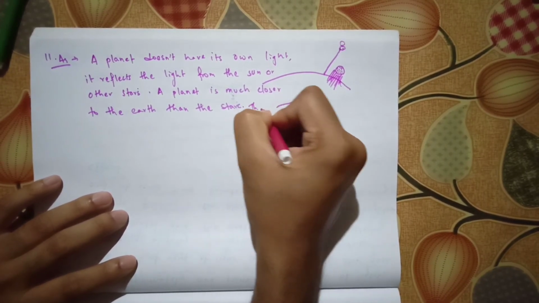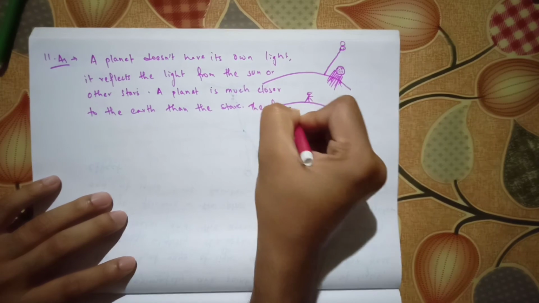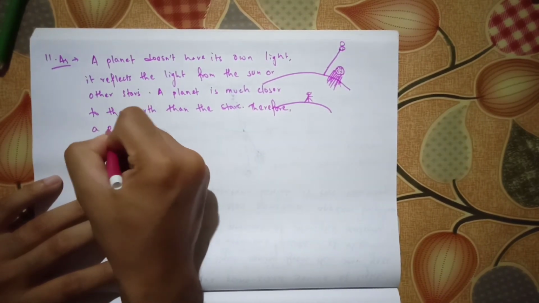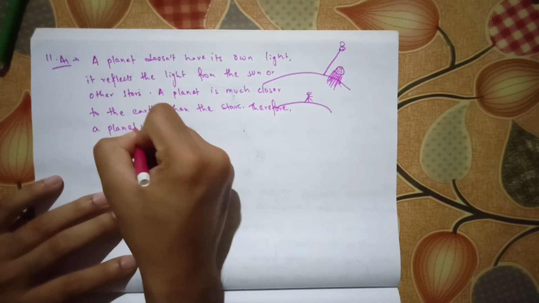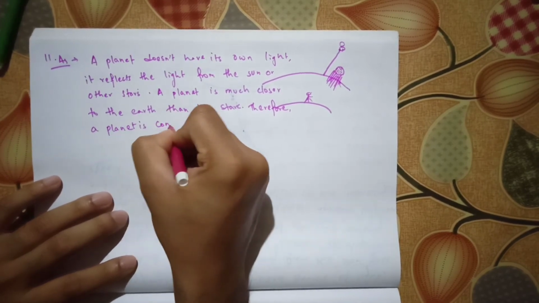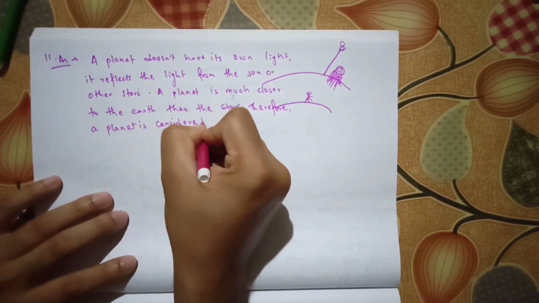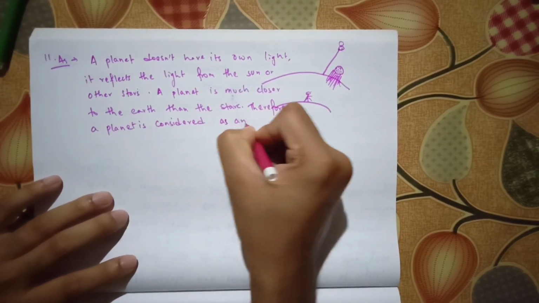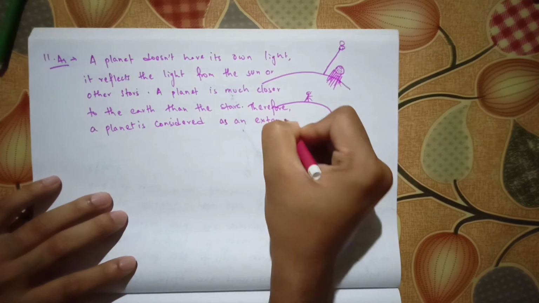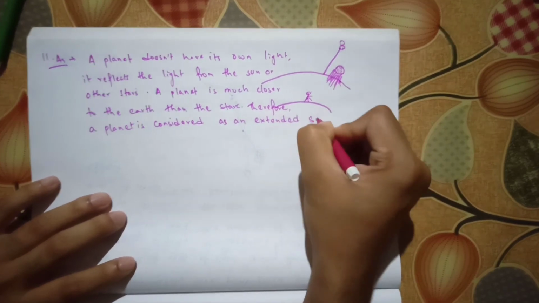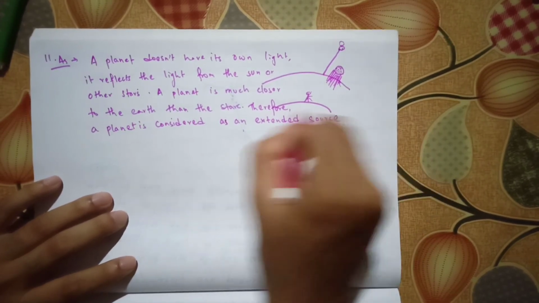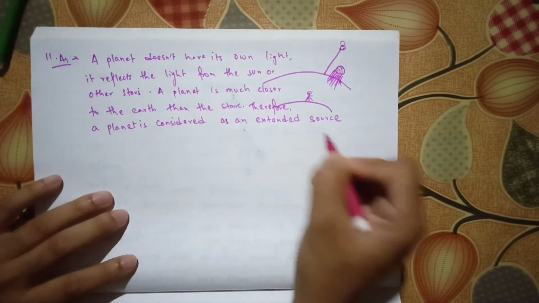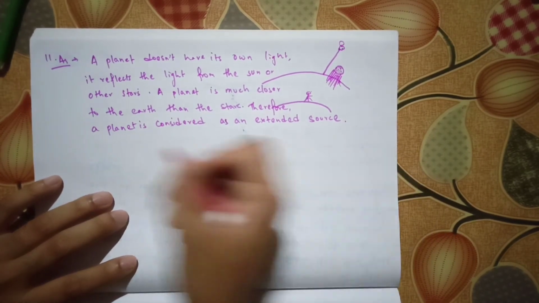Therefore a planet is considered as an extended source of light.